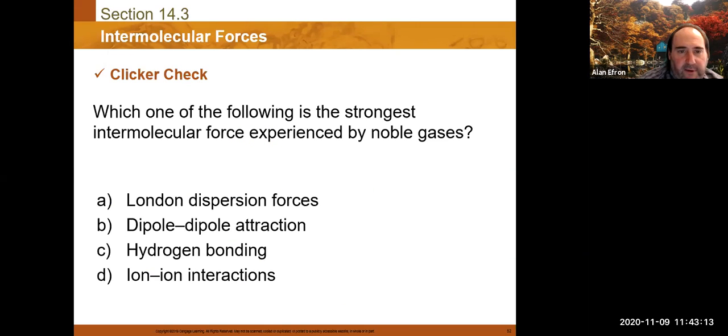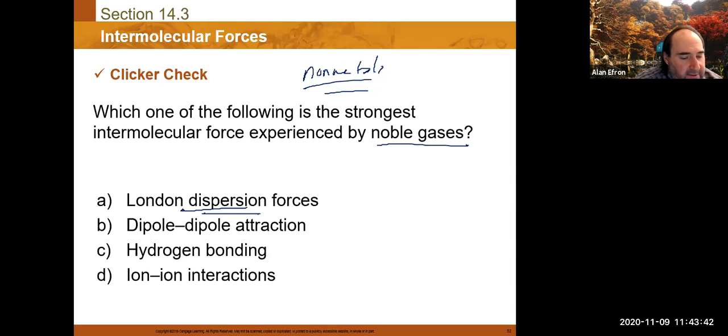All right, so which of the ones is the strongest intermolecular force in a noble gas? So noble gases are nonmetals. They also are chemically inert. They don't interact really well with other things, but with themselves. So they definitely would not use hydrogen bonding as they're not going to be polar. It would be A, which is basically our dispersion forces.